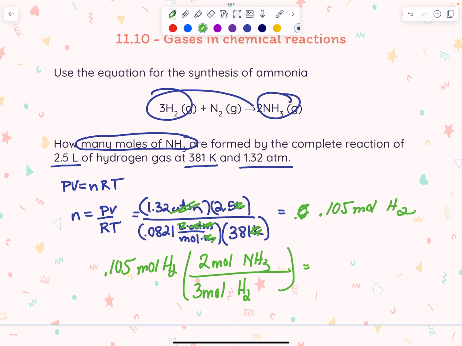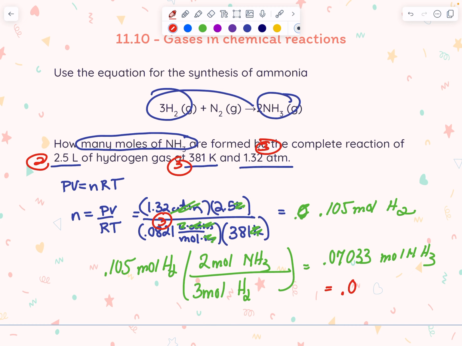And when I do that calculation, I get 0.07033 moles of NH3. And then obviously at the end of all my problems, I go back and look at significant figures for the numbers that I used in there. It looks like I'm going to need to round this number to 2 significant figures.